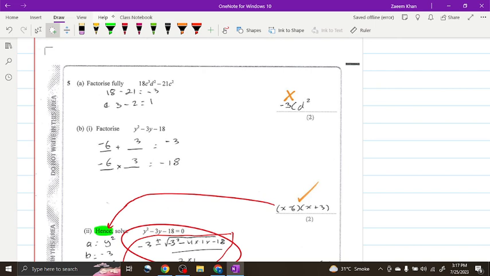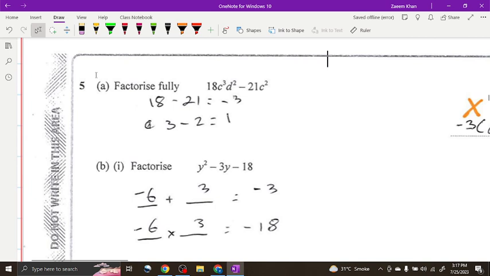Question 5A. Factorize fully. What do we do with this question? You have to find what 18 and 21 are divisible by? Perfect. What's the maximum number they're divisible by? 7?